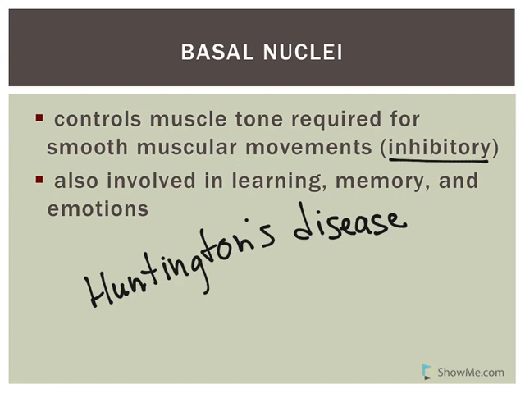And so people with Parkinson's disease have increased muscle tone and a hard time initiating muscle movements, but that is a problem with dopamine produced by the midbrain, which regulates the basal nuclei. So I'm going to stop here.